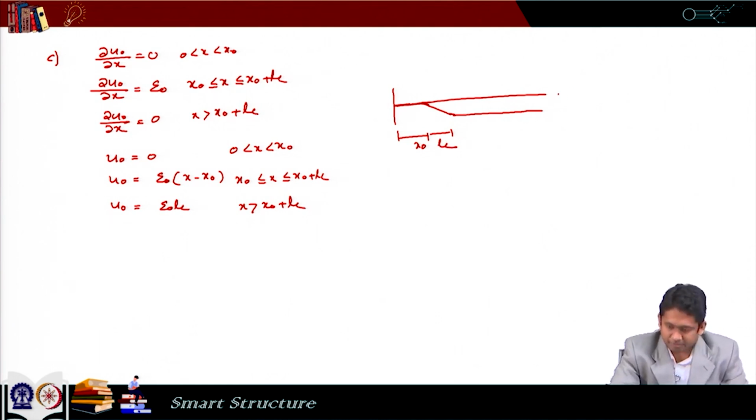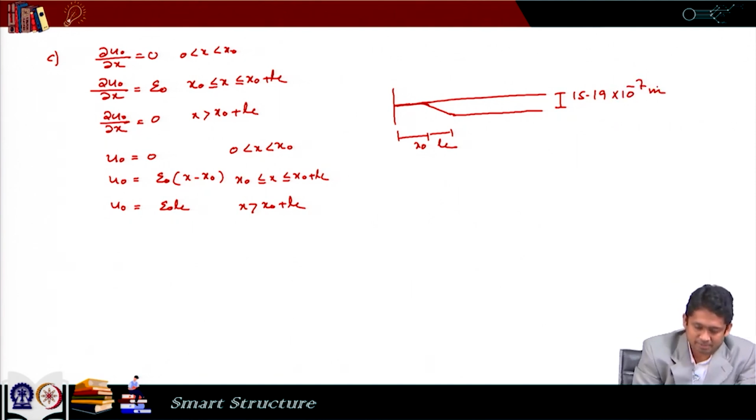And the maximum axial displacement is 15.19 multiplied by 10 to the power minus 7 meter.